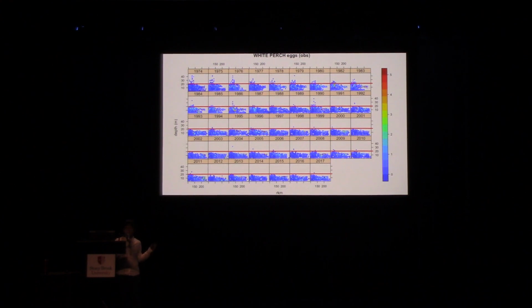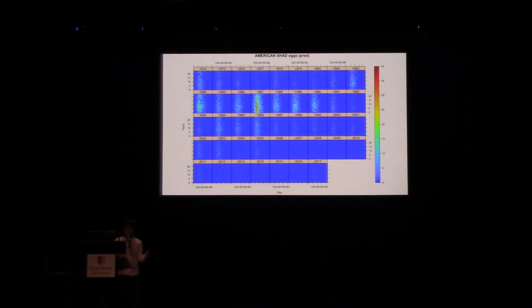So these are sampling effects. And with the models we developed, we are able to hindcast the catch rates for the missed spawning season and missed survey area. So here I'm using the American shad eggs as an example. The x-axis is day of year and the y-axis is sampling time.